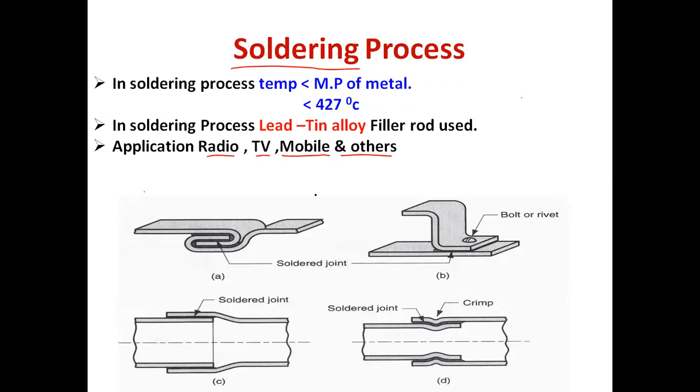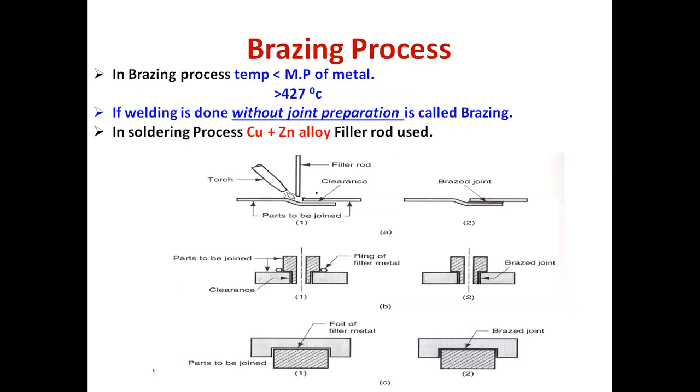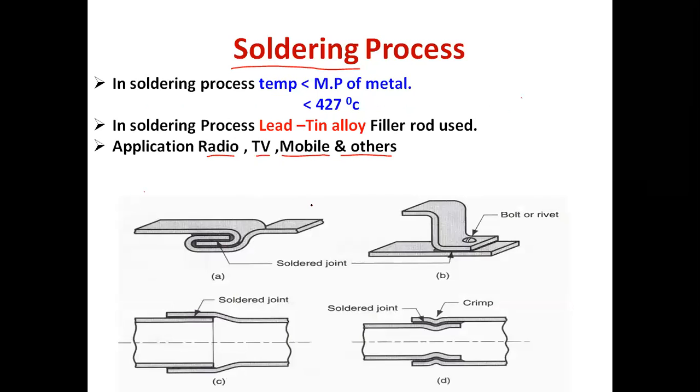Regarding temperature, soldering is around 600 to 900 degrees Celsius, or we can say 400 to 900 degrees Celsius. In brazing, the temperature is 600 to 850 degrees Celsius. And in braze welding, it is less than 250 degrees Celsius.